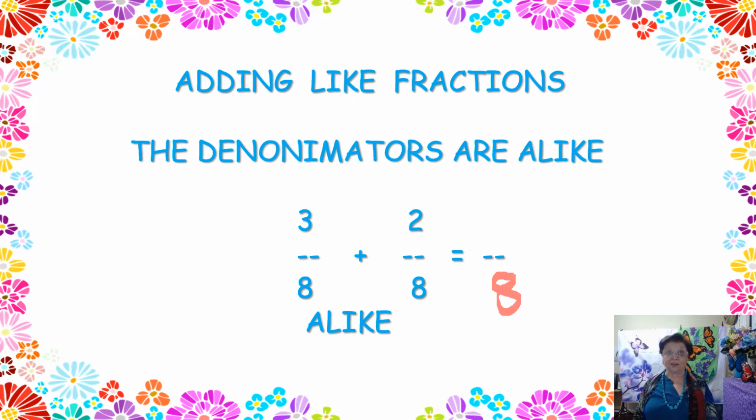So the first thing you can do is write the denominator in your answer because it's going to be the same. And then you just add the numerators. 3 plus 2 is 5. So 3/8 plus 2/8 is 5/8. If the denominators are alike, they're called like fractions. You keep that same denominator and just add up the numerators.